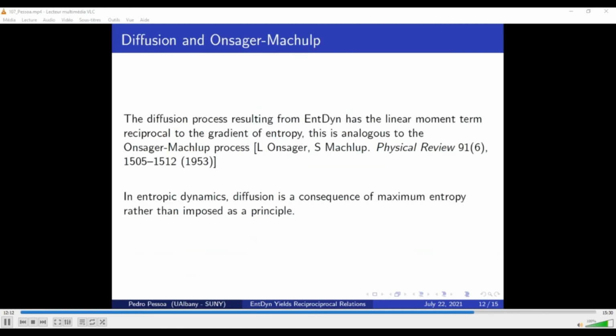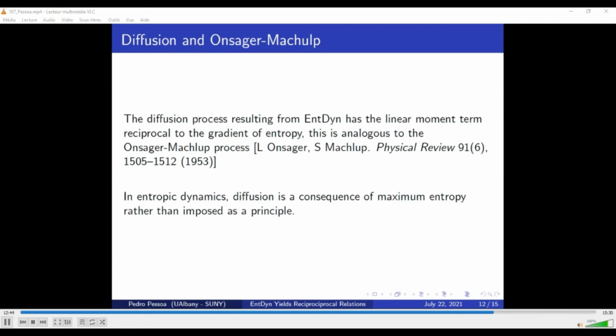We can also comment on how entropic dynamics leads to a diffusion process that, in linear terms near the maximum, reduces to Onsager relations. This is a parallel of another idea in non-equilibrium statistical mechanics called the Onsager-Machlup process, that also supposes a diffusion in the space of macro states where the expected linear terms are given by reciprocal relations.